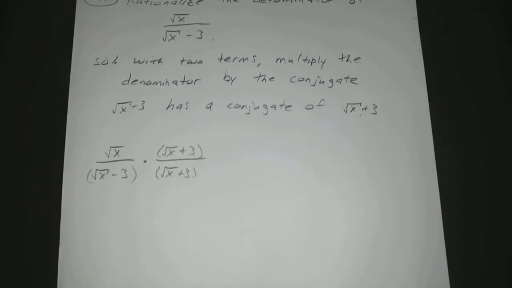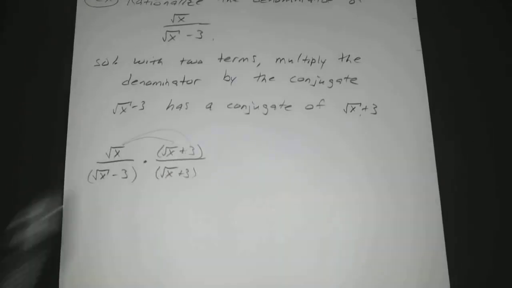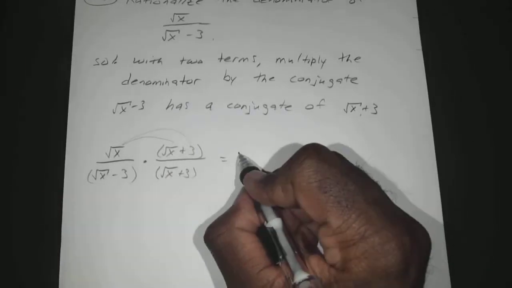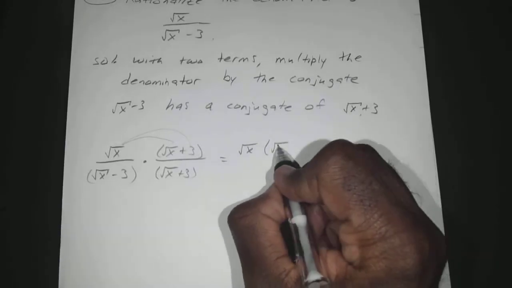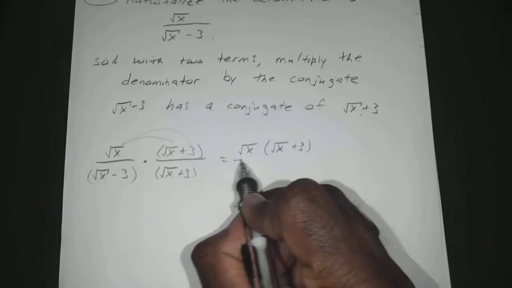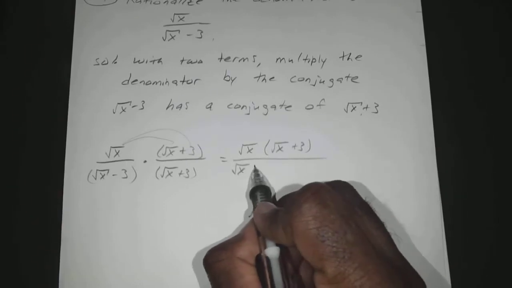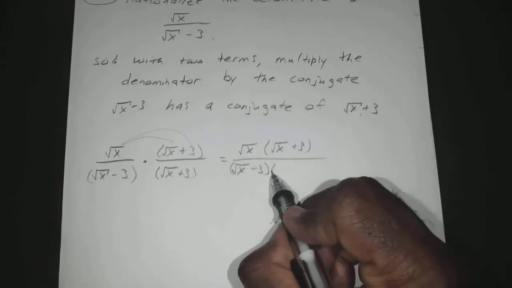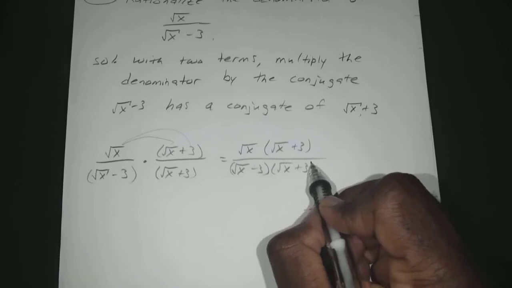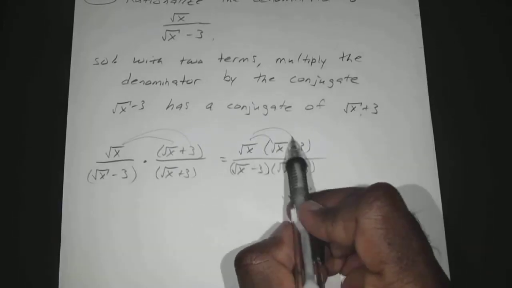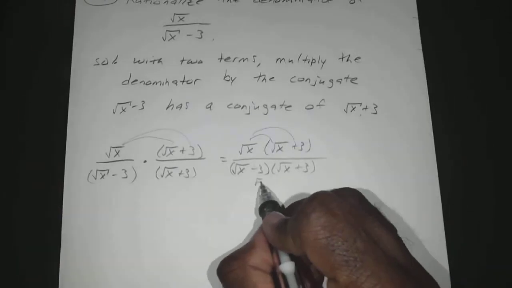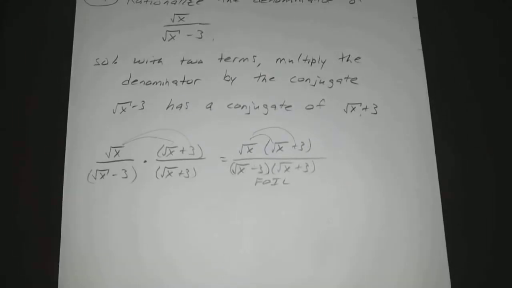Okay, so for our numerator, we're just going to distribute, because all we have is square root of x times square root of x plus 3. For our denominator, we have square root of x minus 3 times square root of x plus 3. So we just distribute here. For our denominator, we'll apply the FOIL method. Because remember, whenever you have the same terms and the signs are different, the two middle terms just cancel out as soon as you apply FOIL.